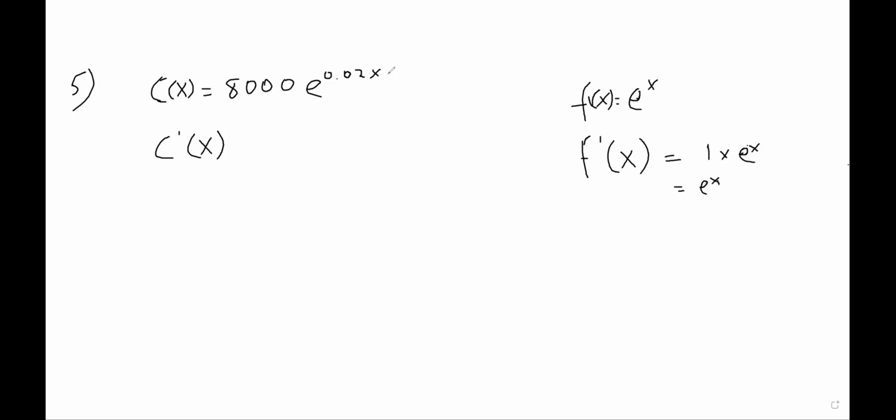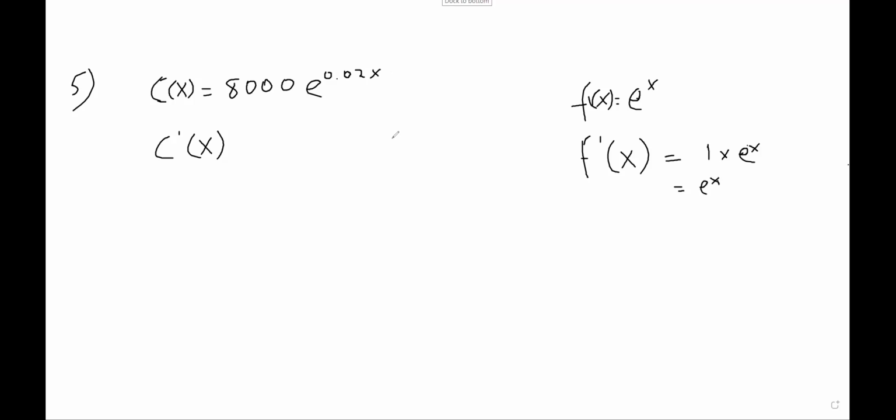All right, no tricks. Now, based on the general example, we can use our knowledge to work the question that's given. We have 8,000 times e raised to the power of 0.02x.